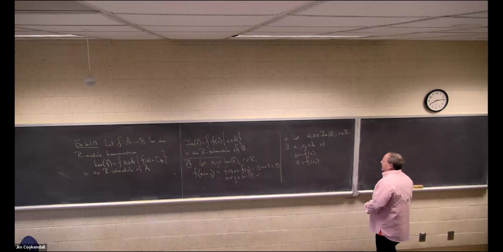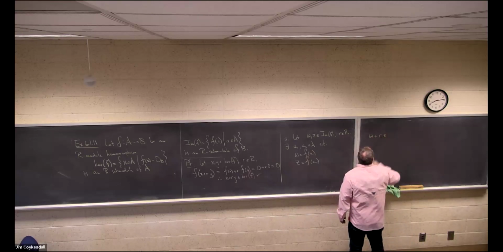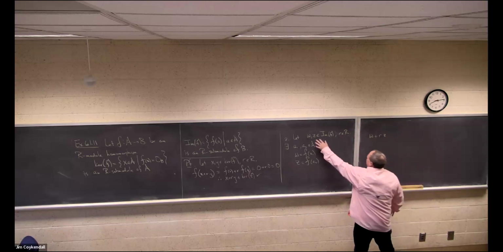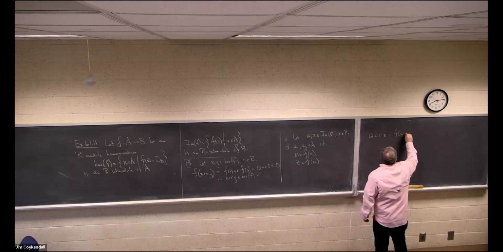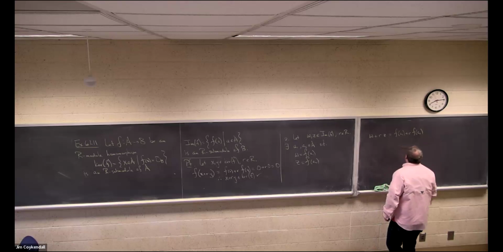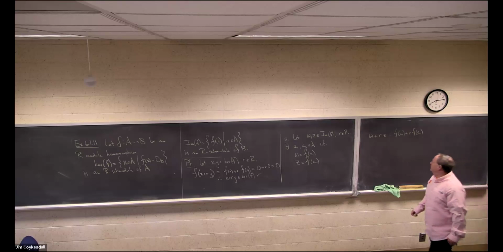Now let's notice that if you look at w + rz, using these, this is f(a1) + r f(a2). And now I will liberally use the fact that f is an R-module homomorphism.